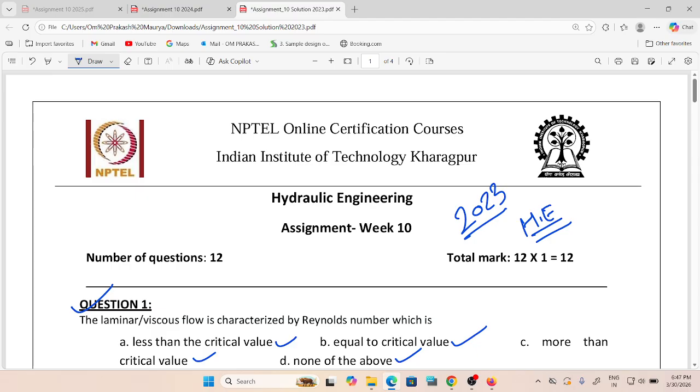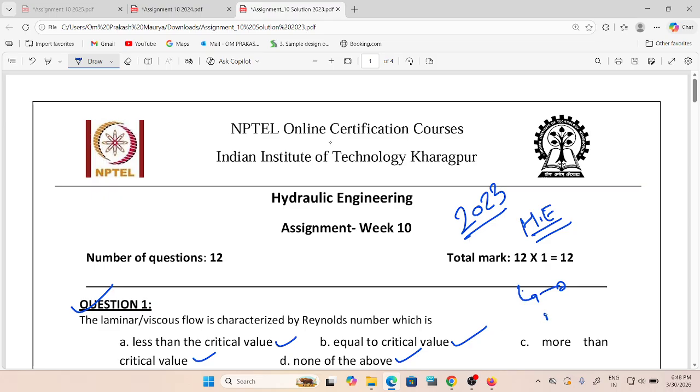So just think on that. Laminar and viscous flow we have already discussed, I think, in the 2025 one. The critical value is when your Reynolds number changes from laminar to another regime, that is transition or turbulent.